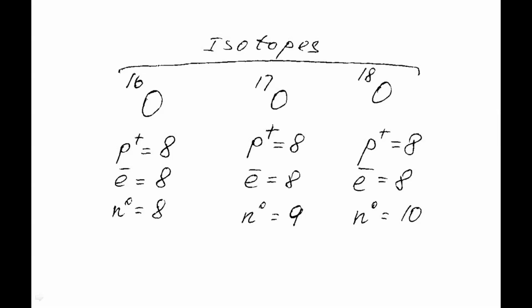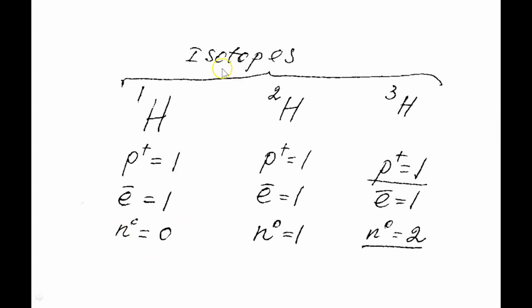And I think we discussed already that the most abundant oxygen isotope is oxygen 16. Very similarly, the most abundant isotope of hydrogen is hydrogen 1, which is shown over here. So the question is, why do we have these differences? Why are some isotopes more abundant and some less abundant?